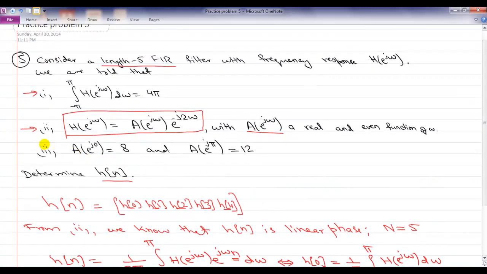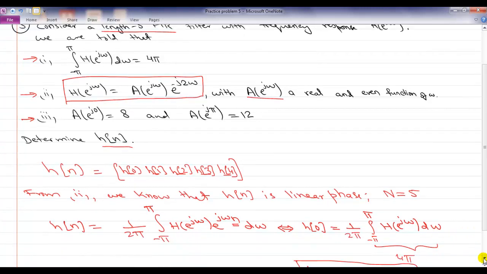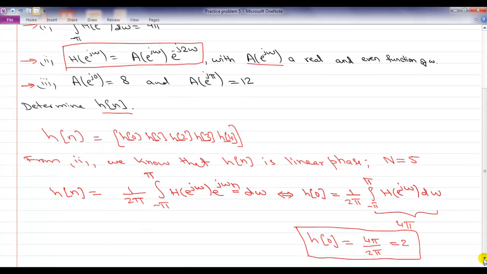Now let's come to condition 3 and let's try to find out what does that tell us. What that tells us is that A(e^j0) is 8. This means that H(e^j0) is not equal to 0, because the value there is simply 8.